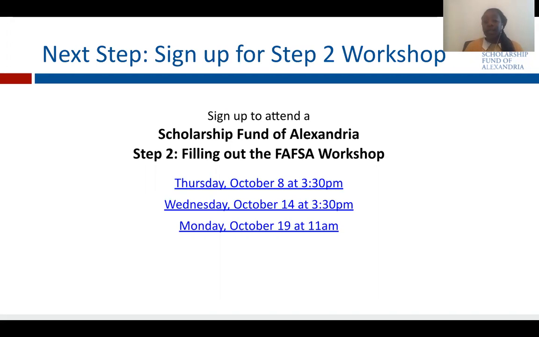One will take place this Thursday, and the other 2 are Wednesday, October 14th at 3:30 p.m. and Monday, October 19th at 11 a.m. You will receive a follow-up email with links for you to register for these FAFSA workshops.